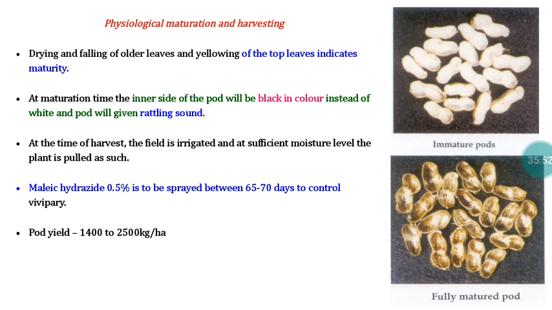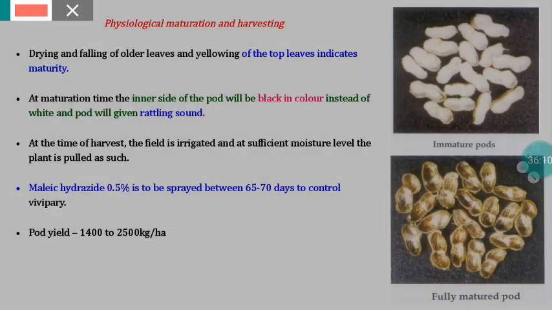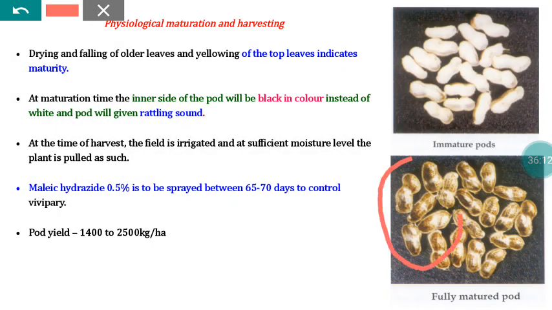Then maturity and harvesting. As far as groundnut physiological maturity indices are concerned, drying and falling of older leaves and yellowing of the top leaves are the indicator symptoms. Apart from that, whenever the pod attains maturity, the inner shell, so here you can see the inner shell, turns black in color.